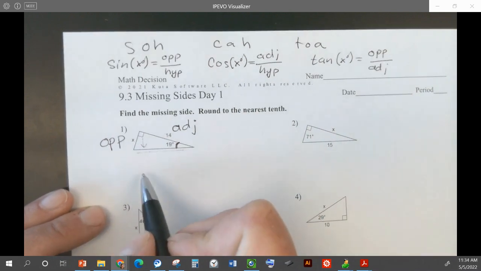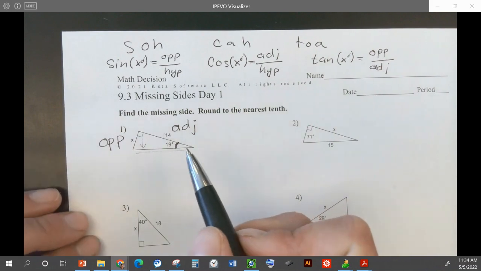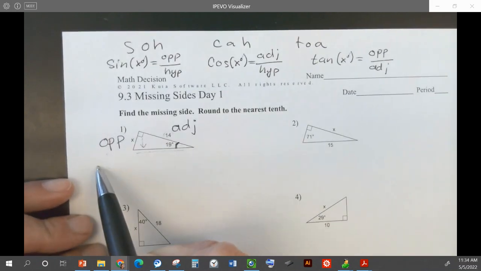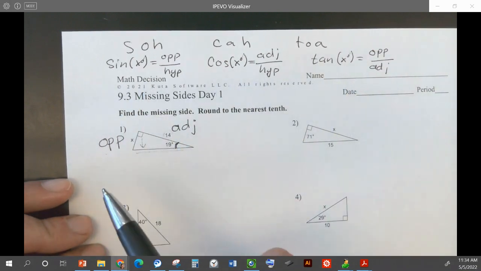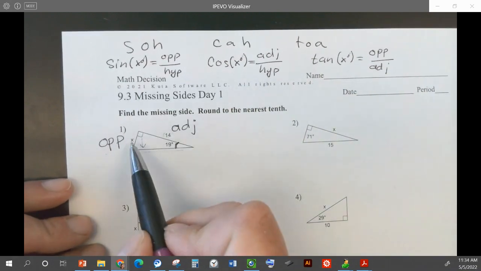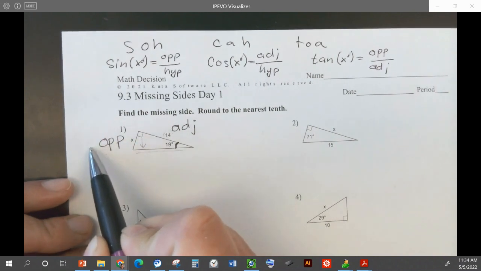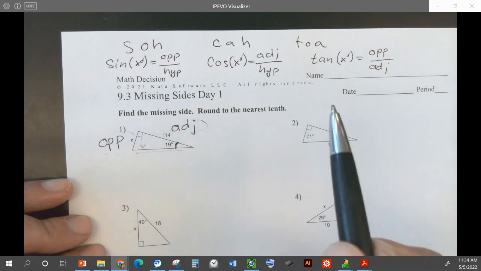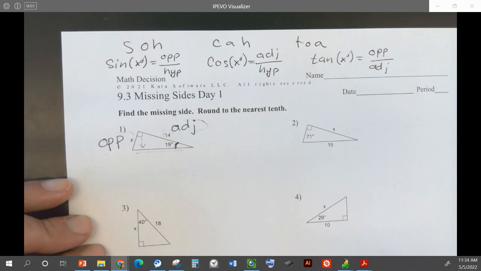And if we wanted to, we could label the hypotenuse. I'm going to leave it off for now, because if I just have the two sides that are labeled, then I can decide which trig function I need to use. So I have the opposite side and the adjacent side. So which trig function do I need to pick?